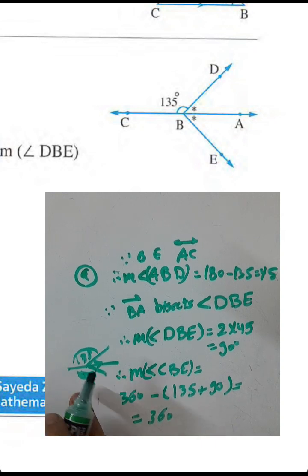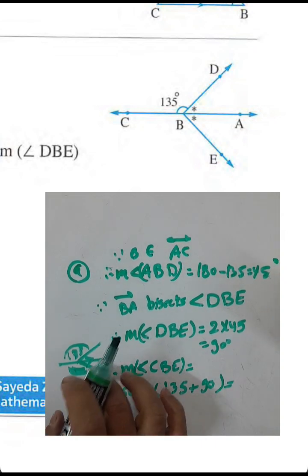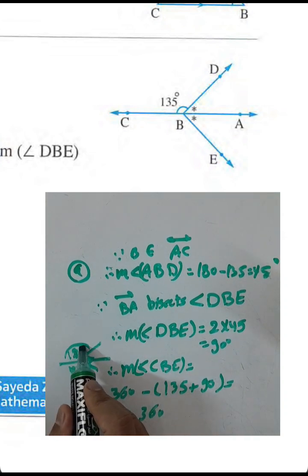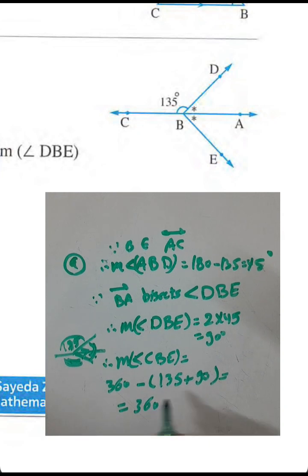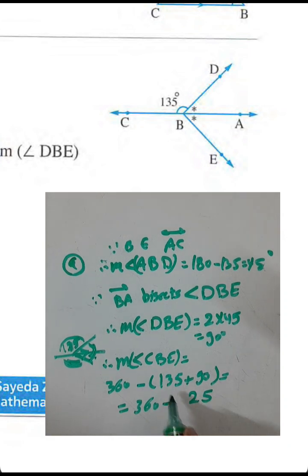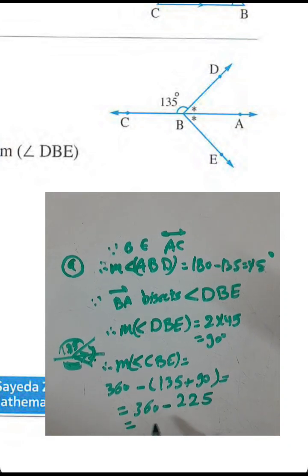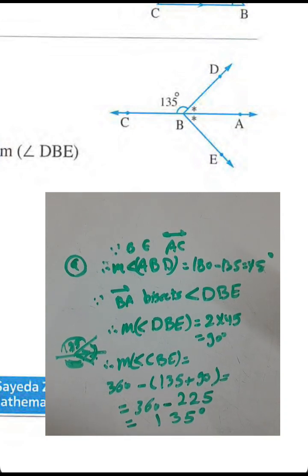Then the measure of this angle will be 360 minus the sum of all three angles here: 135 plus 90 plus 45 plus 45. The result will be 135 degrees.